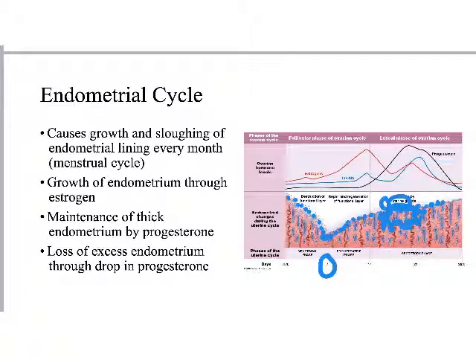Well, if at the end of your cycle, another 14 days go by after the egg is released and there's no baby, then there are some hormonal changes that cause that endometrium to slough off, and that's why a woman bleeds once a month. So it has to do with changes in estrogen and progesterone, and we'll talk more about how that happens when we get to physiology.